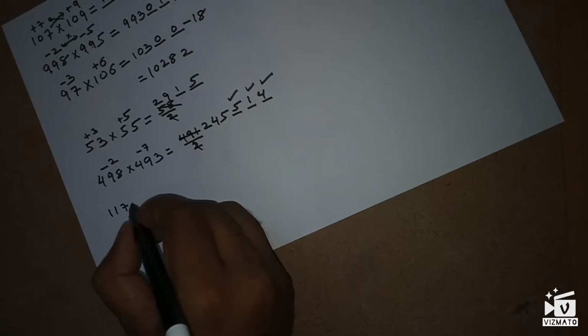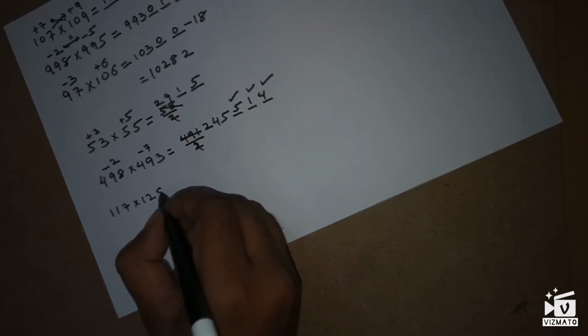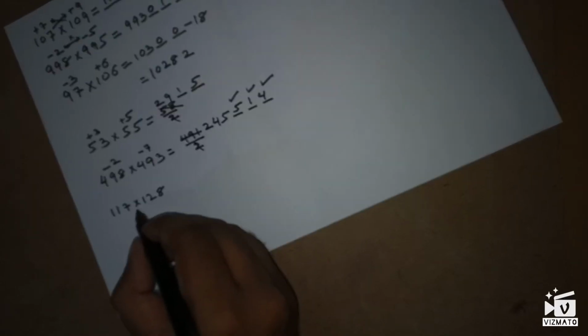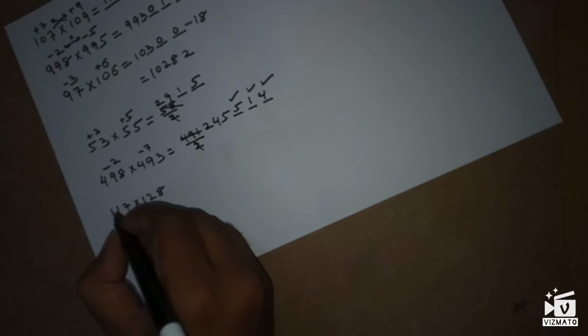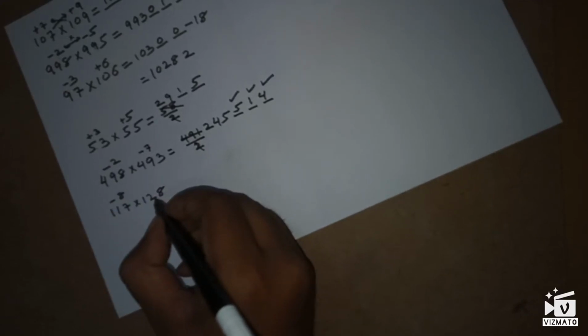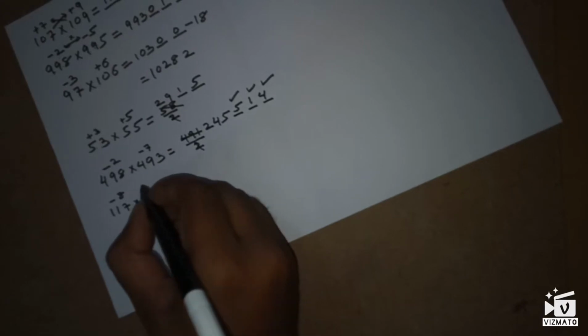Let's take another example. 117 into 128. See, we can take 125 as the base. So 117 is 125 minus 8, 128 is 125 plus 3.